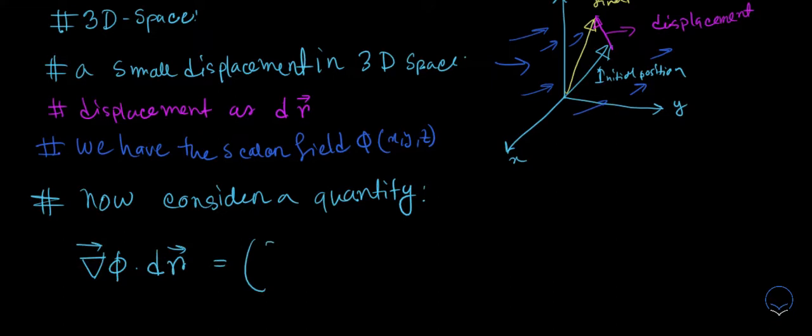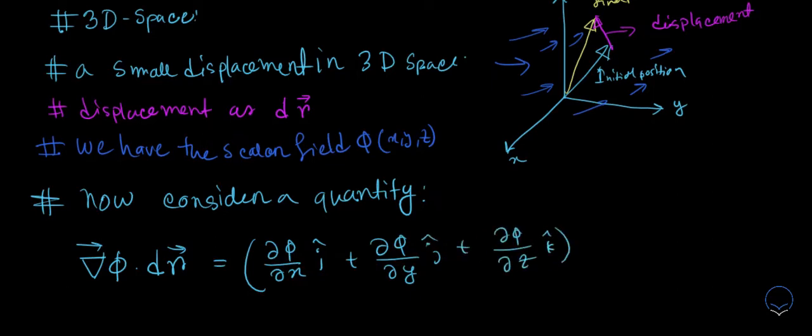If you write this explicitly, this will be the gradient of the scalar field, that is these partial derivatives and all the unit vectors, dotted with dr. Since this is a displacement in x, y and z, we are going to introduce the scalar displacements and associate the unit vectors to indicate in which direction the displacement is occurring.